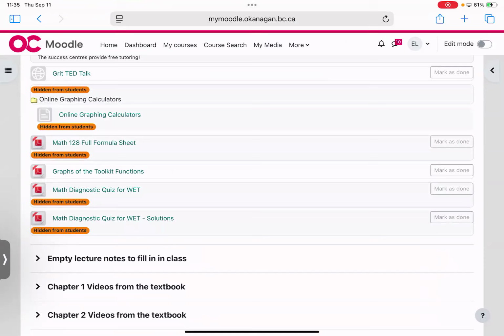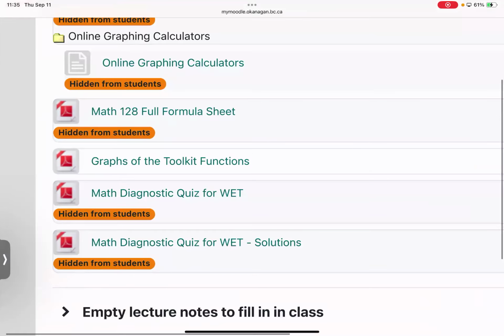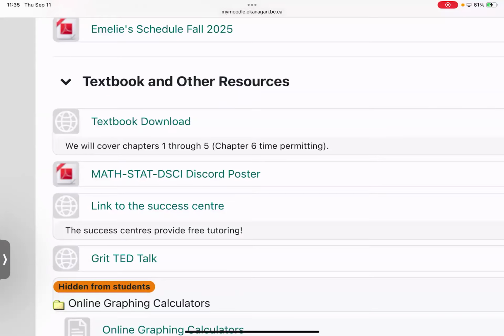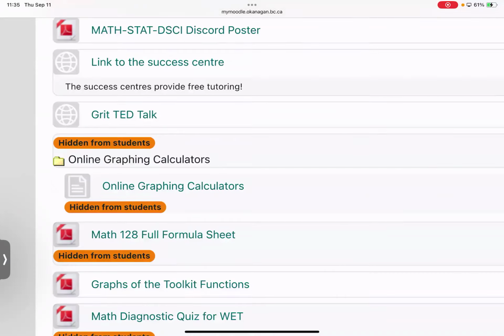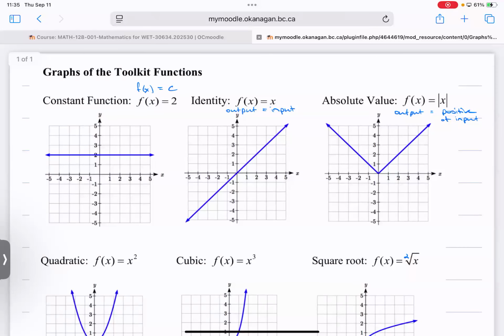There's lots of hidden things, mostly stuff I don't use anymore, so don't worry. The graphs of the toolkit functions are in the textbook and other resources section of Moodle. So I'm going to just bring this in.